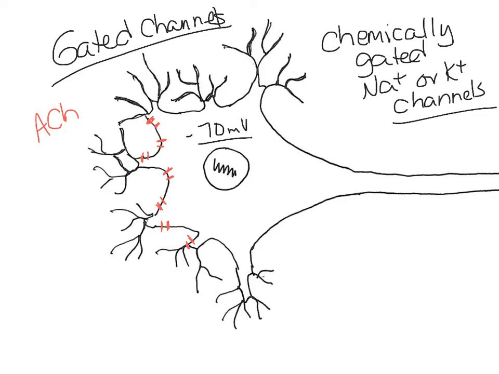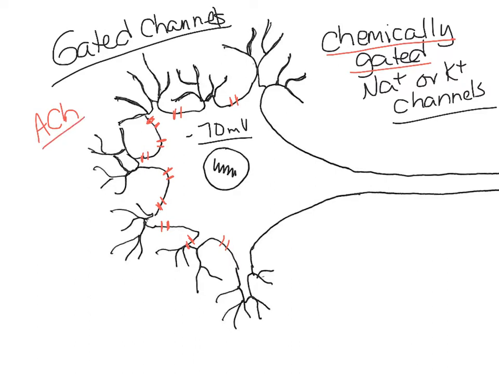All right, so on the dendrites and on the cell membrane, you have these channels. Now these channels are gated channels. I've just kind of put them randomly around there. And they are chemically gated. That means that they're going to have a receptor on there that will bind to a chemical. And our chemical is acetylcholine.